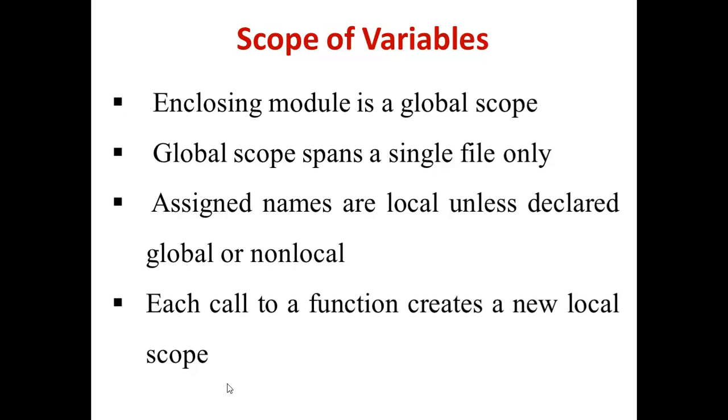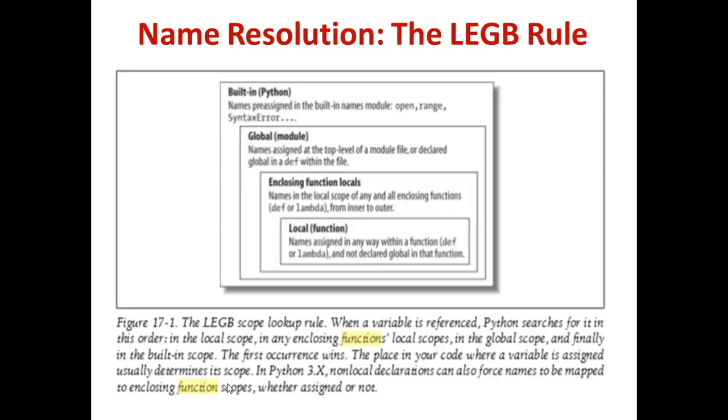The global scope spans a single file only, and all the assigned names are local unless you declare them as global or non-local. Each call to a function will create a new local scope.